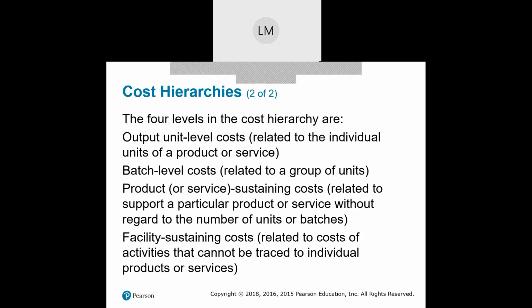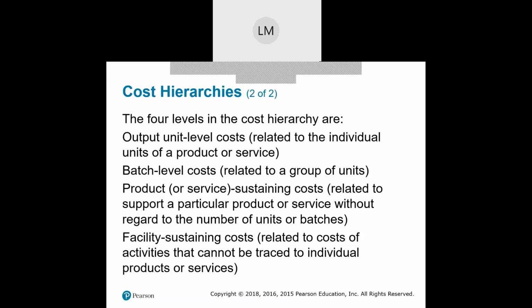For example, the cost of advertising Charmin toilet paper. If we're just getting the word out there, Charmin toilet paper, well, what do we have? Well, we do have different sizes. Is the advertising of Charmin toilet paper going to be specific to a specific size or to a group of related units? No. That's more of servicing the product itself.